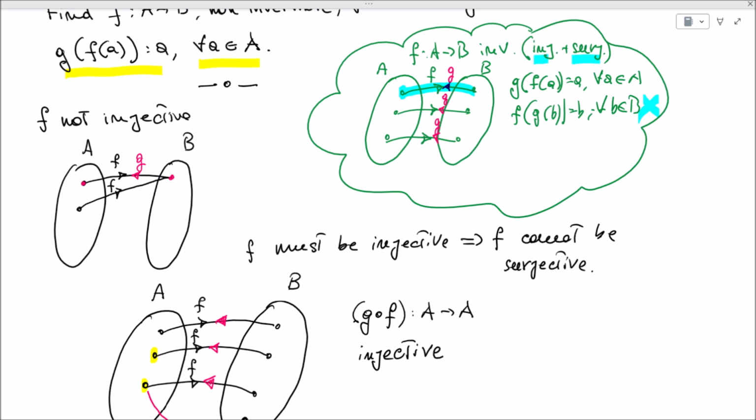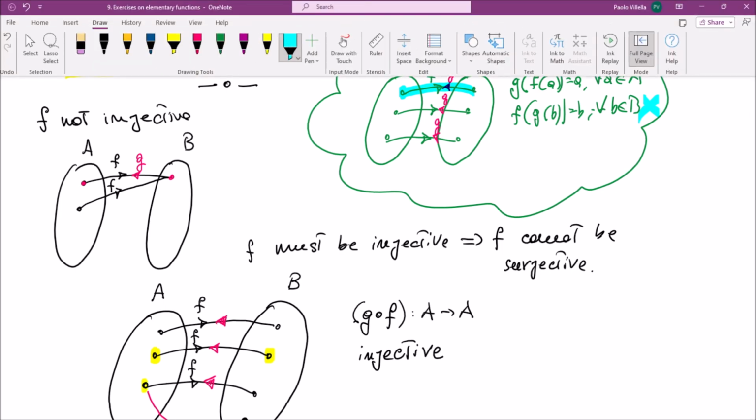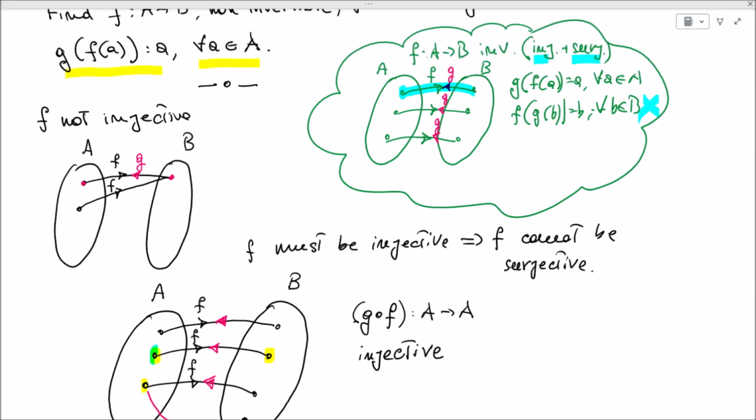So if we apply f to the first element, we end up here, and applying g we come back, so we have exactly this element. In other words, if we apply f to this element, we end up in this element B. Now we apply g and we go back to this element. So this is one possibility.